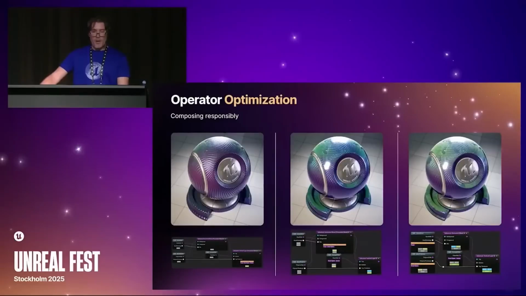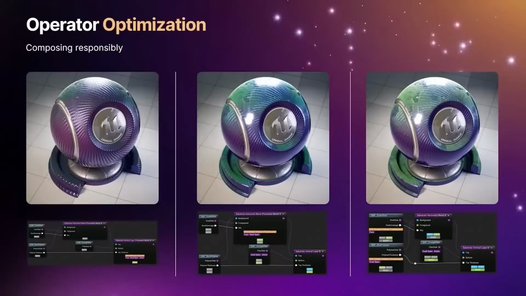Most crucially, strive to use parameter blending on your operators wherever possible, as it's one of the most impactful optimizations available in Substrate. When enabled, this feature allows an operator to blend input parameters before evaluating the slab, instead of evaluating both slabs and blending the results.